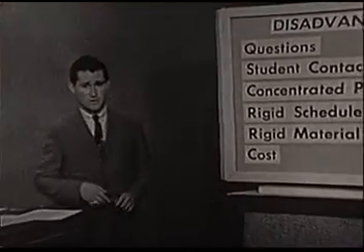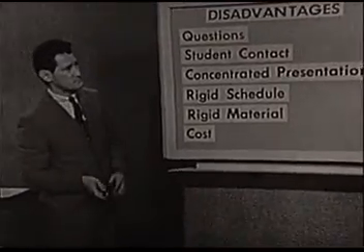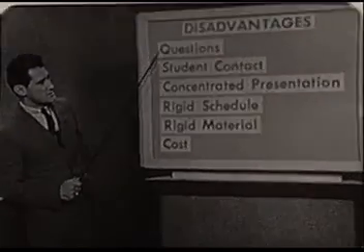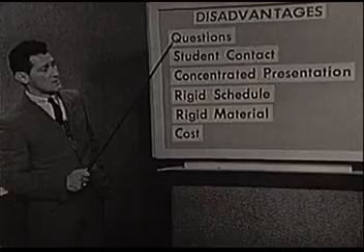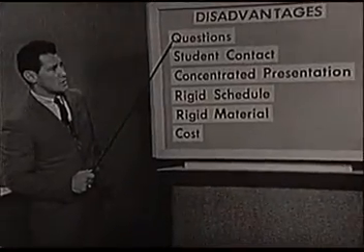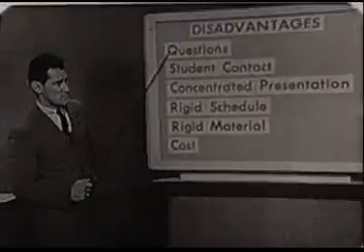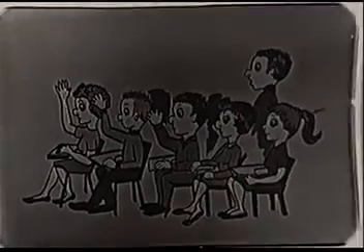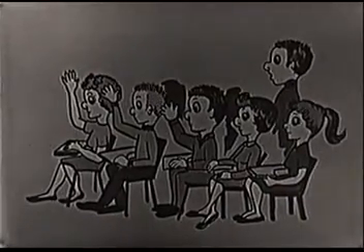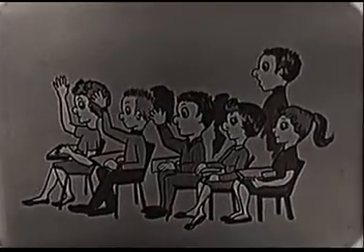Suppose, first of all, we take a look at the disadvantages of televised instruction in mathematics. There are several, and suppose we take them one at a time, beginning with questions. Now, in particular, what do we mean when we say that questions form a disadvantage?